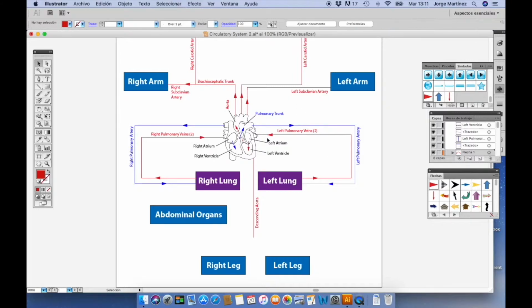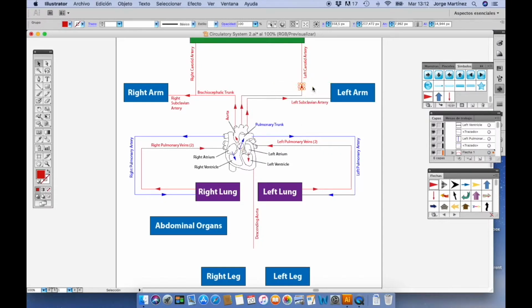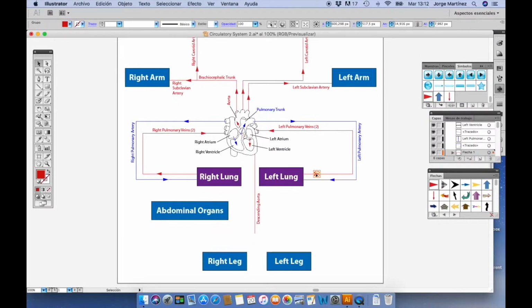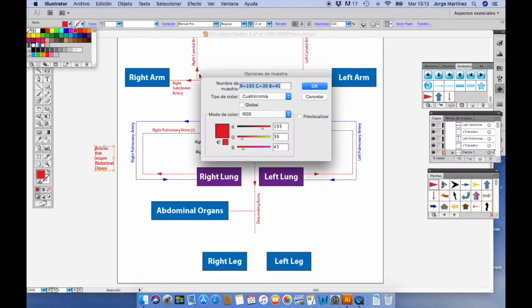I'm only going to write one line from the descending aorta to the abdominal organs to represent all these arteries. So this line that I'm going to draw here represents all the arteries that irrigate the abdominal organs.